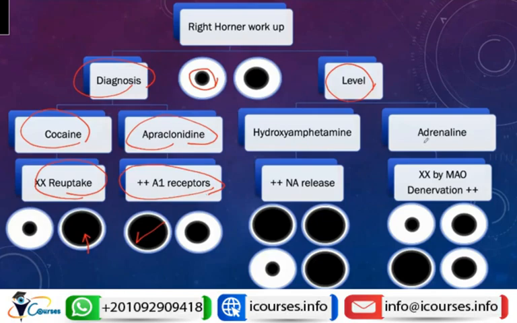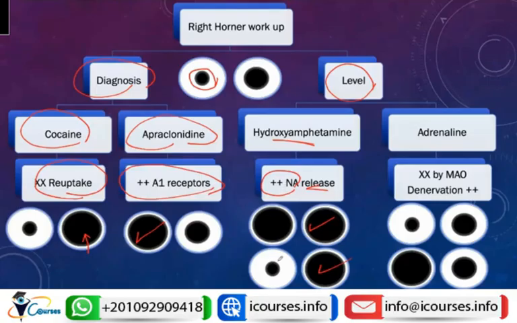Then we have two tests to detect the level, one of which is hydroxyamphetamine, which will potentiate the release of norepinephrine at the neuromuscular junction. It will dilate the normal eye, and in preganglionic Horner syndrome it will dilate as well, because there will be some endogenous norepinephrine in the postganglionic nerve endings.